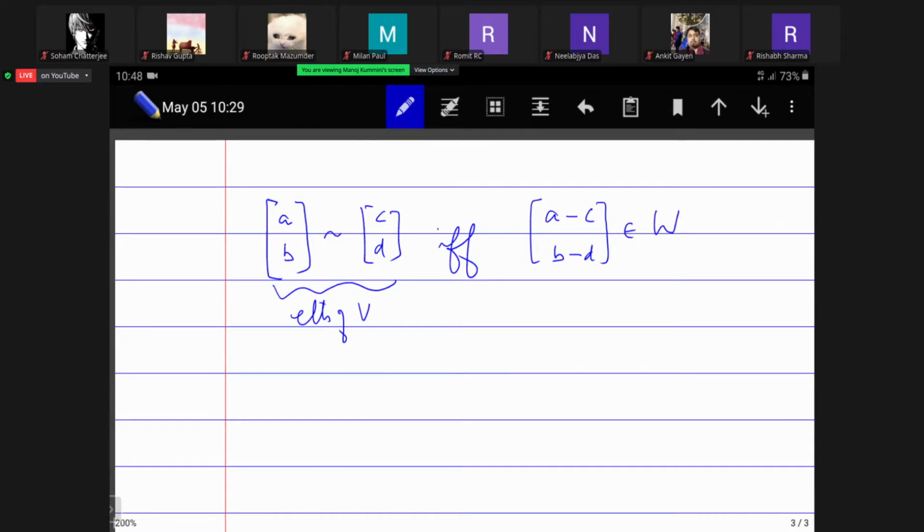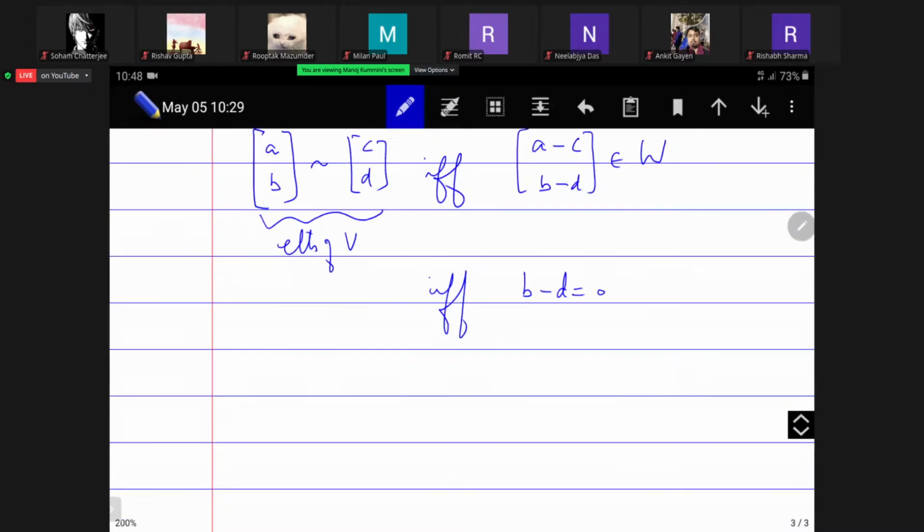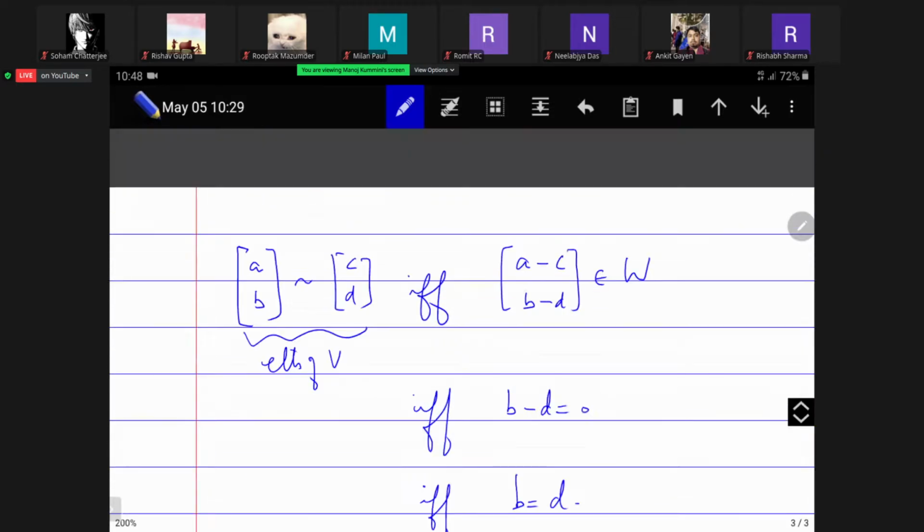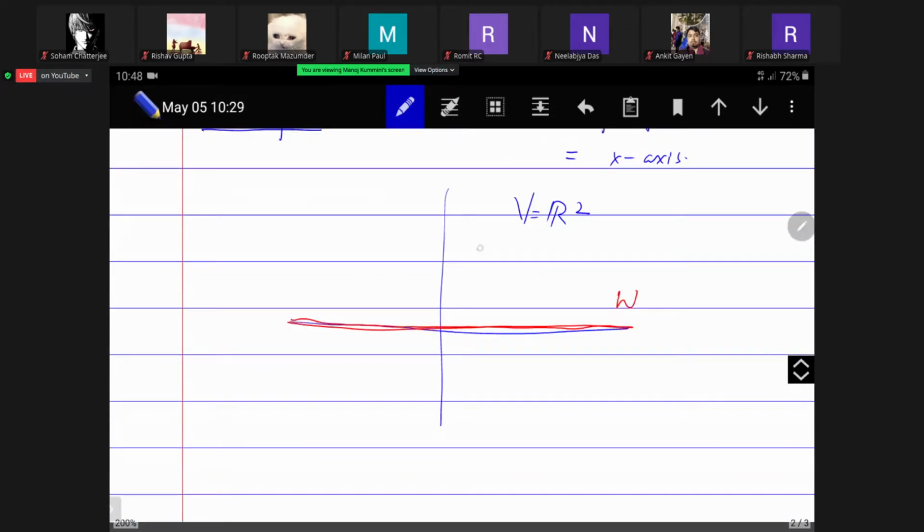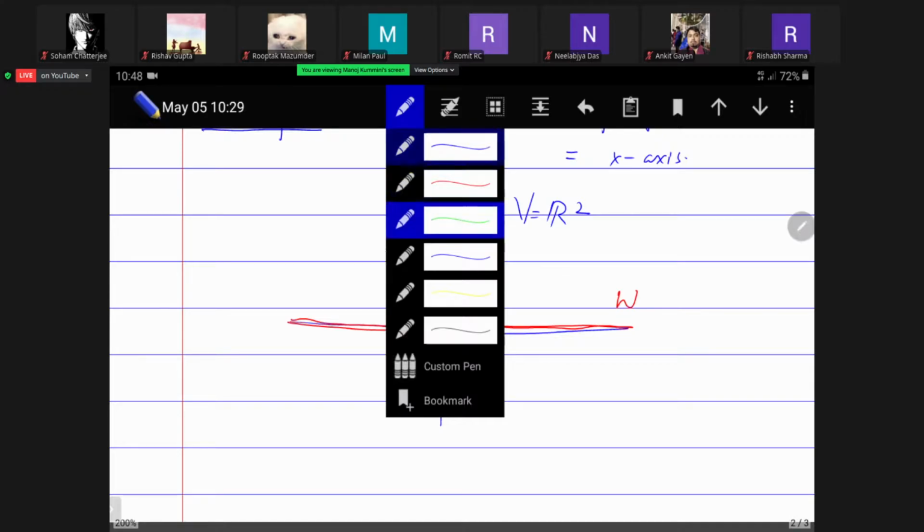Well, the second coordinate should be 0, because this is a span of (1, 0), which holds if and only if b minus d is 0. That is, if and only if b equals d. So we are looking at two vectors whose second coordinates must be equal. That's exactly when they are related.